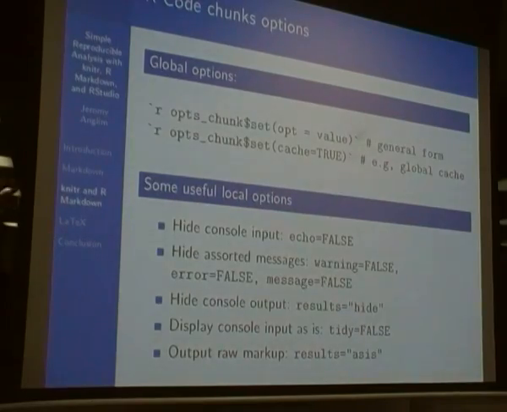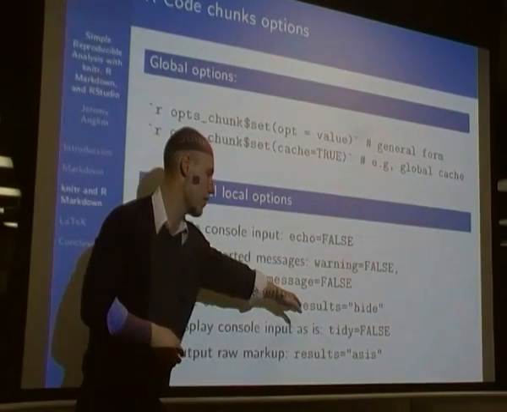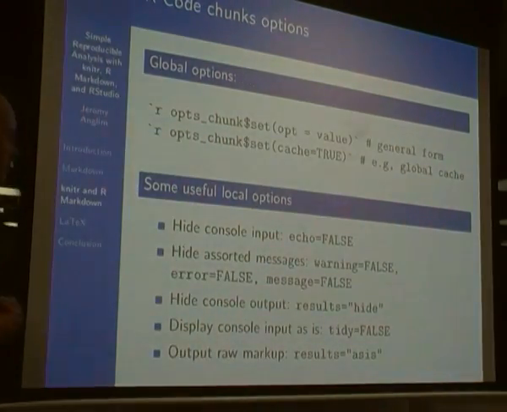If you just want to have some preliminary code that produces some output, but you don't want to show it, it's just doing a bunch of things and you don't want to display any output, you just want to run the code, then you can hide the output, results equals hide.